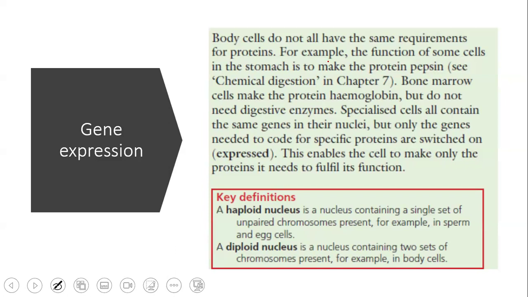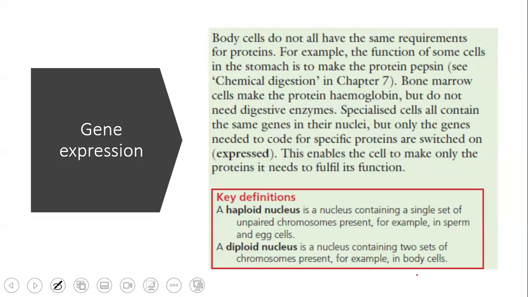In meiosis, the number of chromosomes changes as the cell divides. But in mitosis, the number of chromosomes remains the same. So if the number of chromosomes in my body is 46, then when the cell is done dividing, the daughter cells will still have 46 chromosomes. And that's a really important point. In mitosis, the number of chromosomes is constant. They do not change.